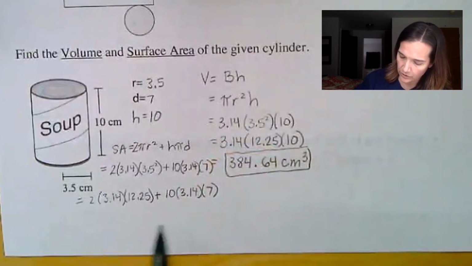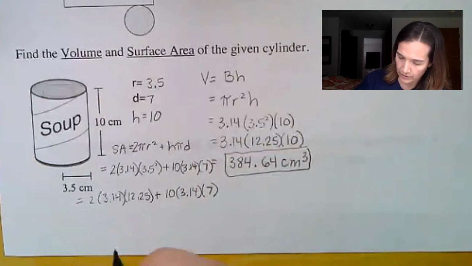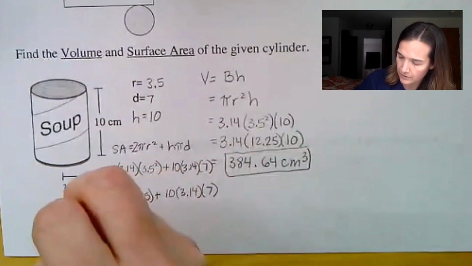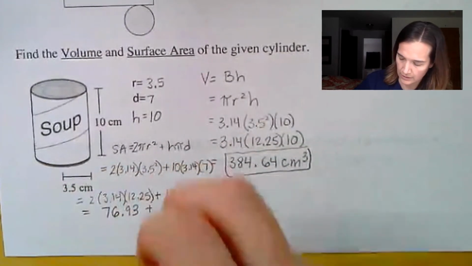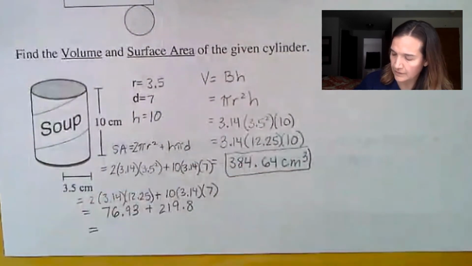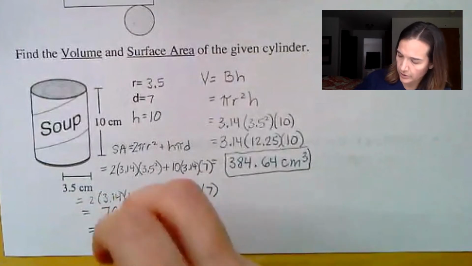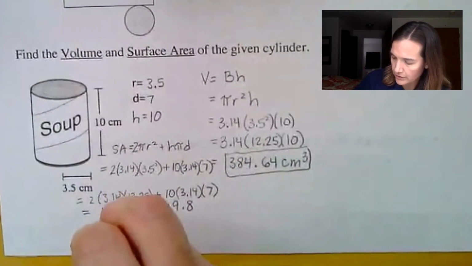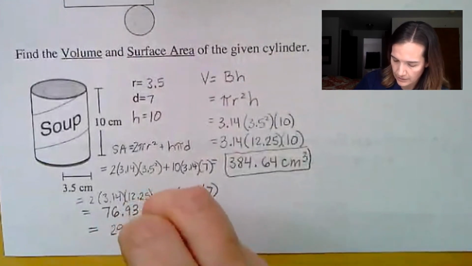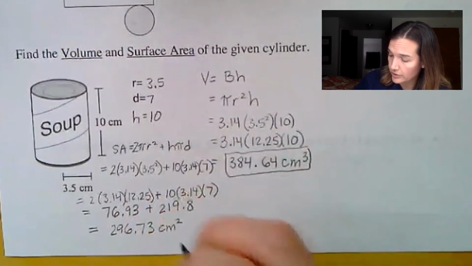And when we multiply all this out, we end up with 76.93 plus 219.8. And then our last step, we're adding those up. We get 296.73, and it's area, so we're doing squared.